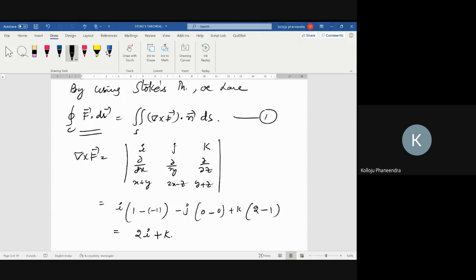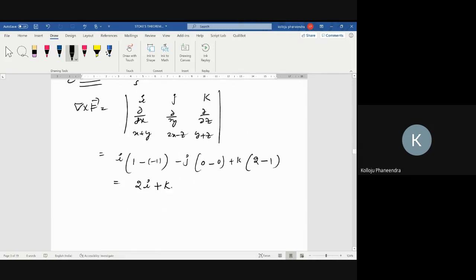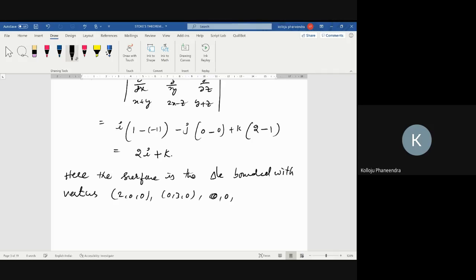And for the surface, I have to calculate the unit normal vector n bar. Here the surface is the triangle bounded with the vertices. What are the vertices? 2, 0, 0; 0, 3, 0; 0, 0, 6.